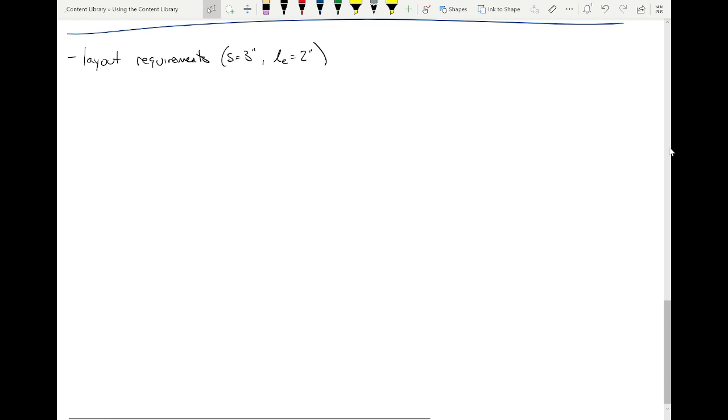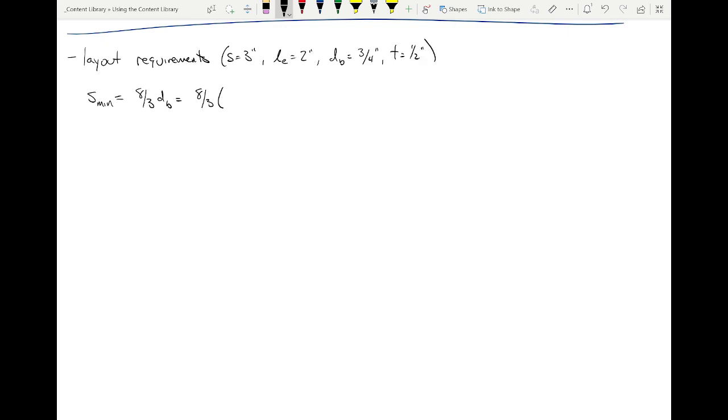Speaking of, what was the minimum bolt spacing? There you go. Which is 8/3 times, oh, maybe I should do this. So 8/3 or 3/4, the 3's cancel, and I get 8/4, which is 2 inches.